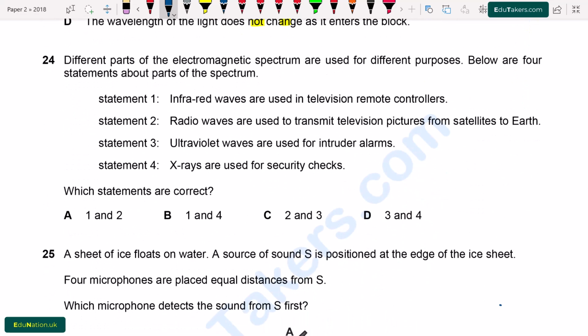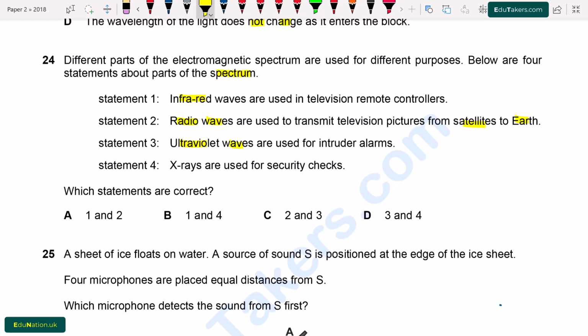Question number 24. Different parts of the electromagnetic spectrum are used for different purposes. Below are 4 statements about parts of the spectrum. Statement 1. Infrared waves are used in television remote controllers. Statement 2. Radio waves are used to transmit television pictures from the satellite to the earth. Statement 3.